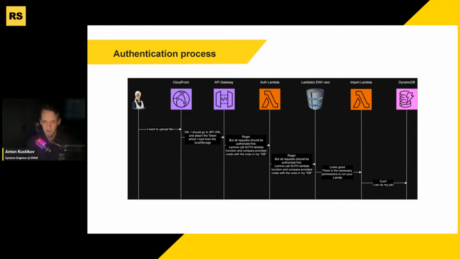This Lambda function will take this authorization header, and I'll show you a bit later how it looks and how it should look. And this Lambda function will try to authorize these actions.